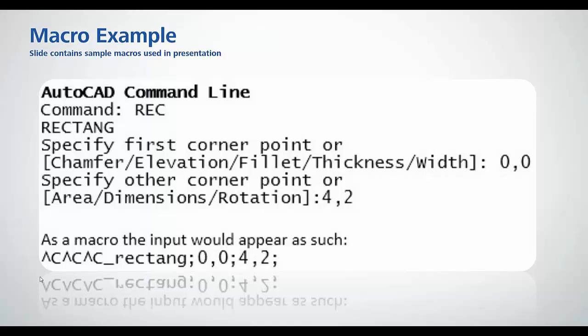You could create a macro such as this, which goes into the rectangle command. It cancels the command, goes into the rectangle command, enters the first coordinate point, and then the second coordinate point. And it's that simple. You just click on a button and it places that object, which I'll demonstrate in a moment.